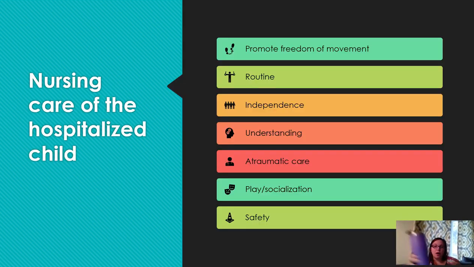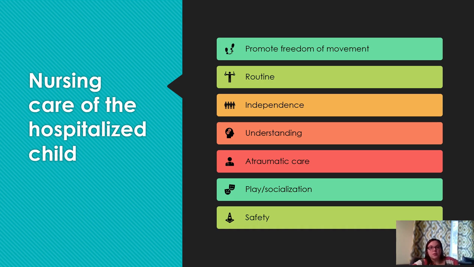So, thinking about our hospitalized child and priorities if you were there with them in clinical, and thinking about this list of priorities for exam questions. These are the pieces that you need to take into consideration and prioritize, along with that safety and injury prevention piece.